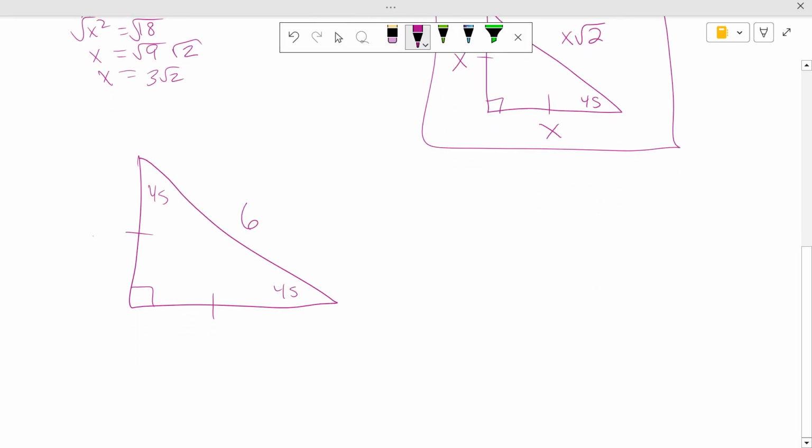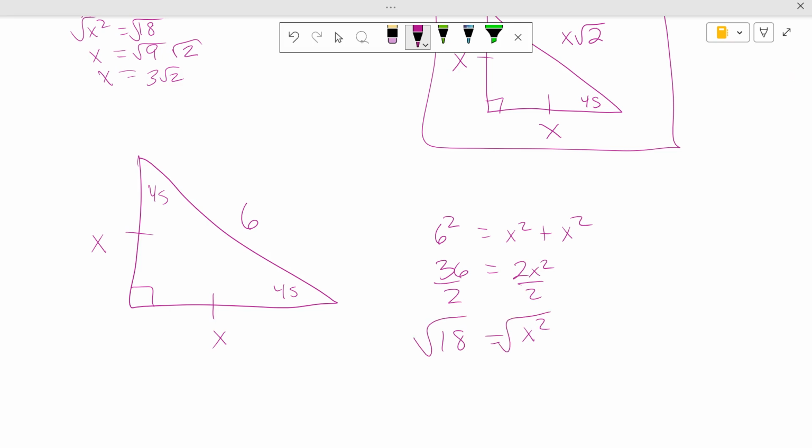Well, this side is x and this side is x, right? So 6 squared, the hypotenuse squared, equals x squared plus x squared. So 36 equals 2x squared. What do we do to each side? Divide by 2. X squared equals 18.